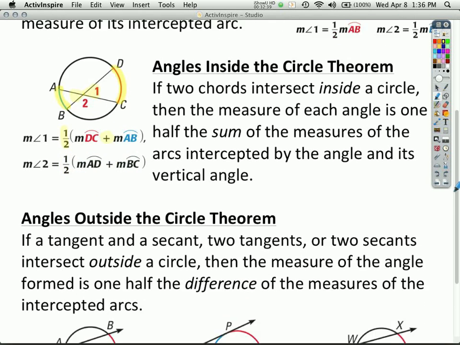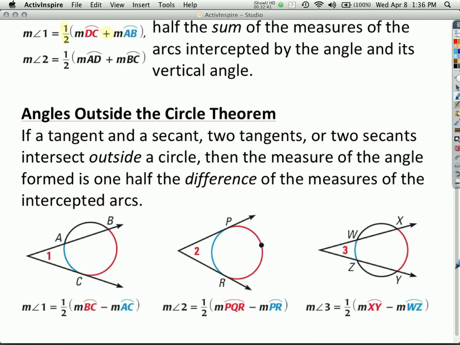Lastly, we will explore angles outside the circle theorem. It looks a bit intimidating, but it's not as bad as it looks. We have 3 different cases. We have 2 tangents, 2 secants, or a tangent and a secant. And they're forming an angle outside of the circle. So we're talking about these angles formed out here.